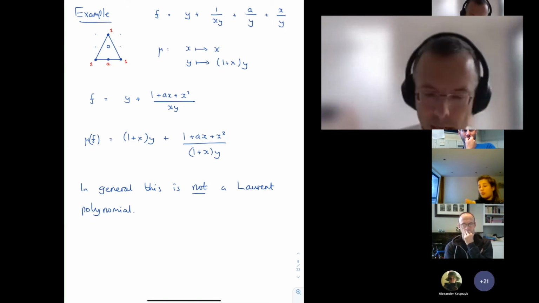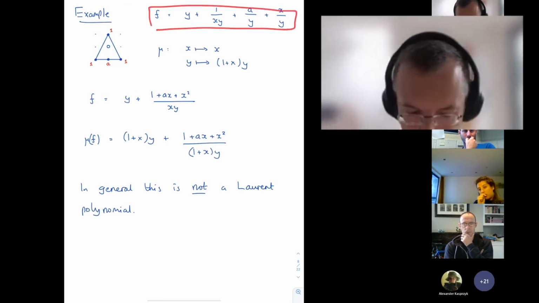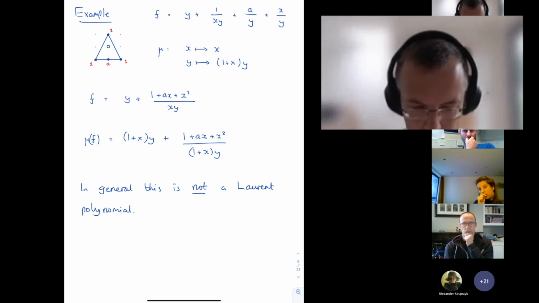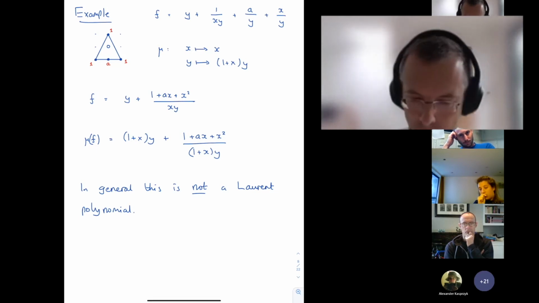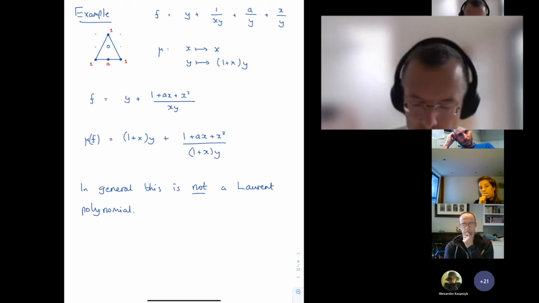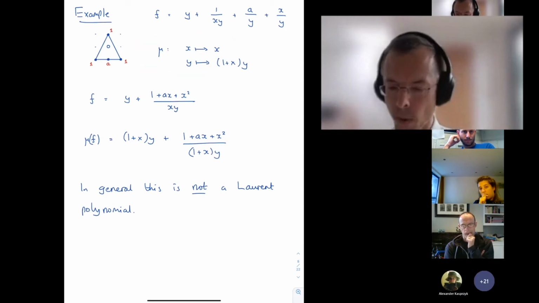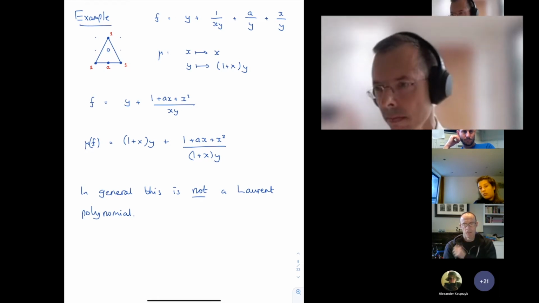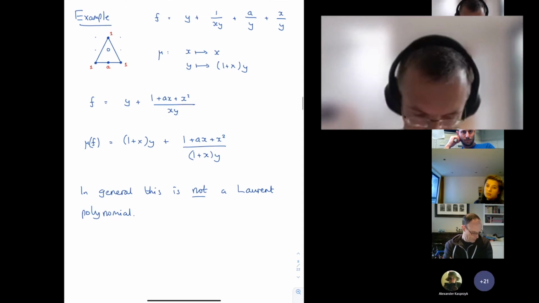Okay. And then I can notate the Laurent polynomial itself by writing coefficients on the lattice points in the Newton polytope. So this A is this A, this 1 is this 1, and so on. And let's try and make the mutation which sends x to x and y to quantity 1 plus x times y. That's a perfectly legitimate mutation from the discussion earlier.